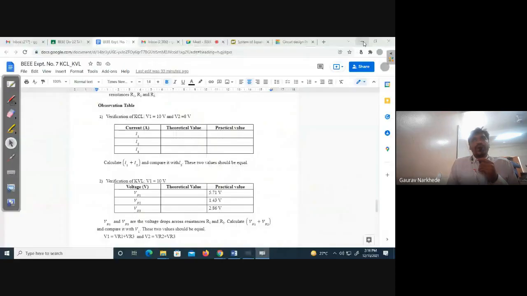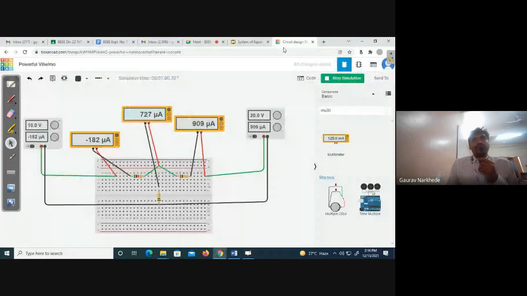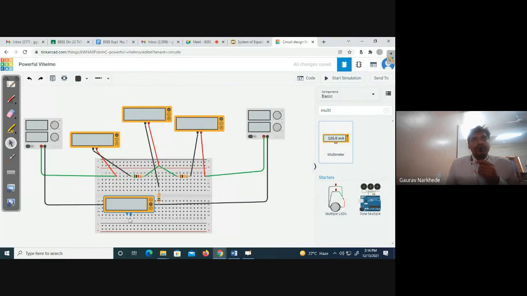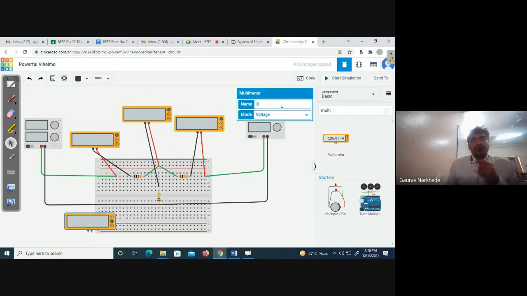Now if we want to measure the voltage, what will I do? Again I will use a voltmeter. Let us suppose at the downside I am using a voltmeter. Let us say this is VR1. Across this terminal we will measure the voltage.